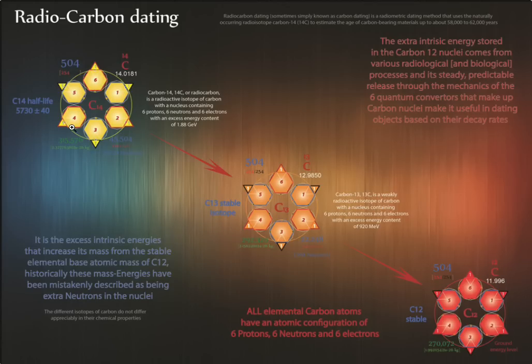As they're trying to release energy, they're obviously also absorbing energy due to their quantum converted geometries. So they all become this level. When the organism dies, then there's no longer any biological energy feeding into the system, and it starts to bleed it out at a set rate, allowing us to radiocarbon date carbon atoms as they degrade from this higher energy level down to the lower energy level.